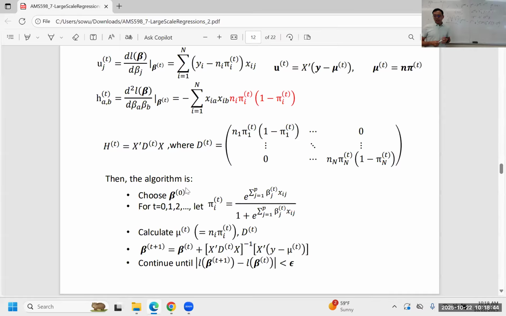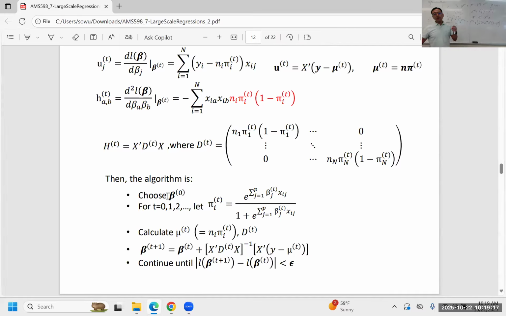So in practice, if you're not sure, what you can do is choose multiple starting points. Beta 0 is random, so you can choose multiple random starting points to see where they go. If they all converge to the same point, that gives you confidence that the maximum point covers a large range.